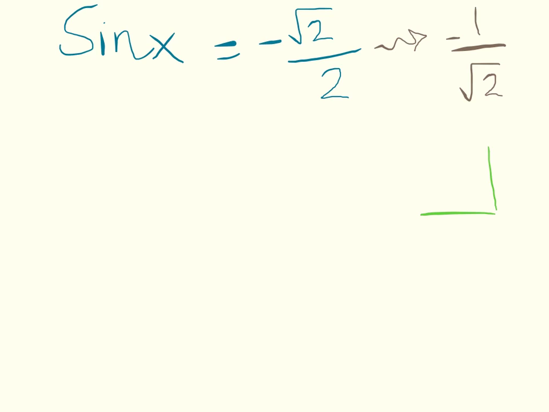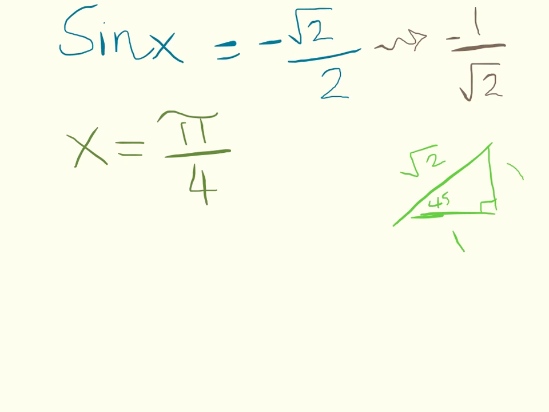Well, I am in a 45, 45, 90 triangle. This is 1, and this is root 2. So the angle is 45. Well, we want to get used to writing our answers in radians. So my angle is pi over 4. Well, that's in quadrant 1.